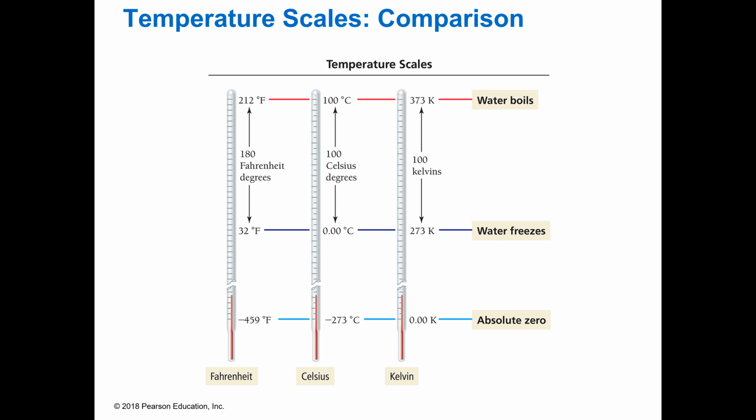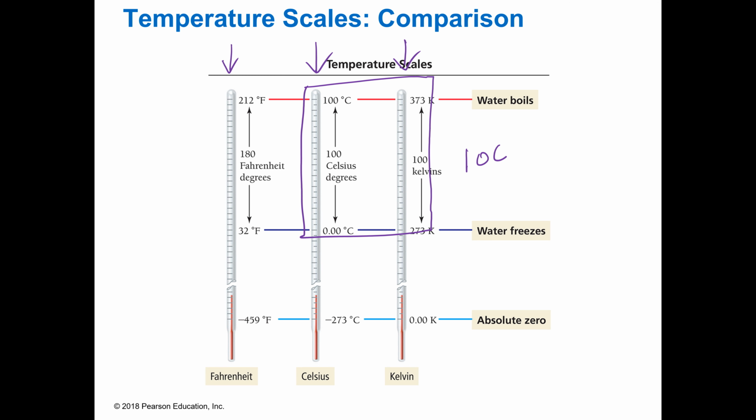The other thing that we do in chemistry is go between temperature scales. In the US, we tend to use the Fahrenheit scale. In the rest of the world, they use Celsius. And in science, we use Kelvin. Kelvin and Celsius have the same difference between units.